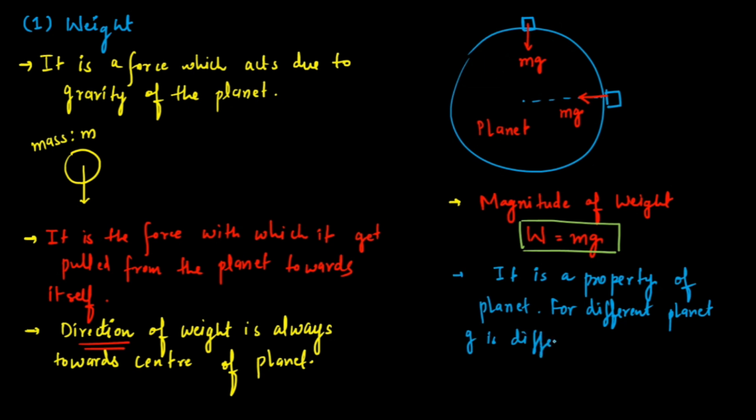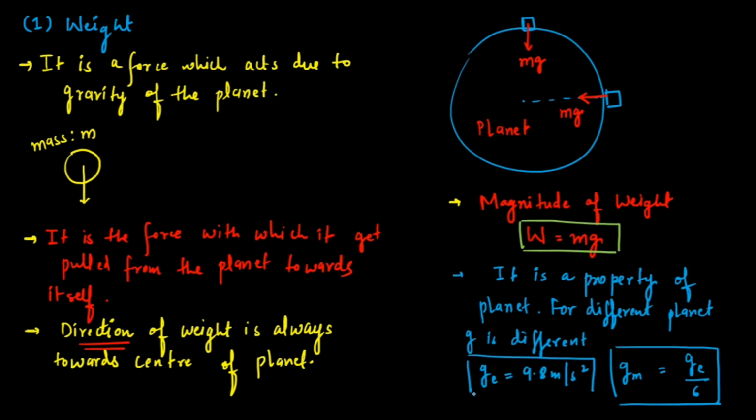For example, for Earth it is 9.8 meters per second square. Similarly, for the Moon, it is 1/6 of the gravity of Earth. So that is again a new number that you need to remember.